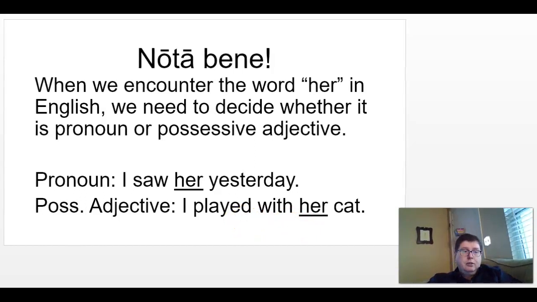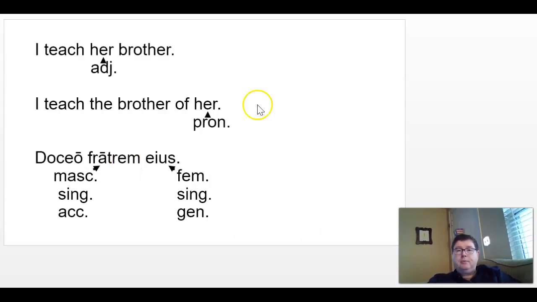So there's one last slide I want to look at. What if you want to say I teach her brother? Well, again we have to replace this possessive adjective her with a pronoun form. So you have to kind of rework it into I teach the brother of her. Now Latin has all the pronouns you want. You never have to worry about not having enough pronouns in Latin.